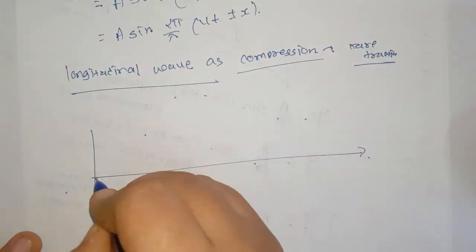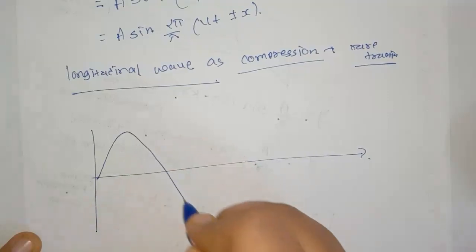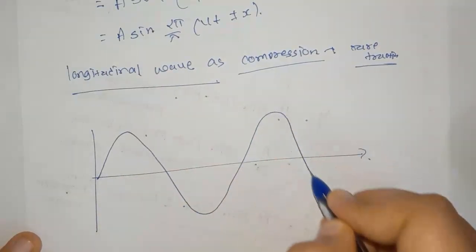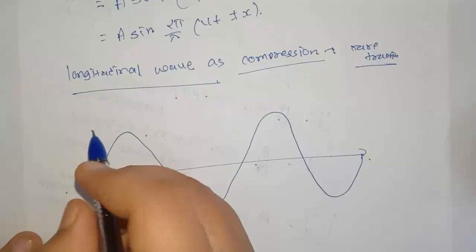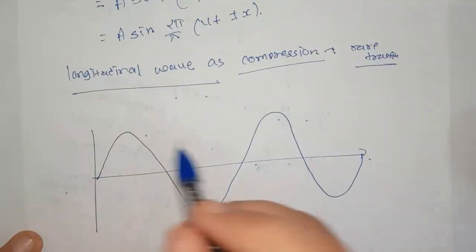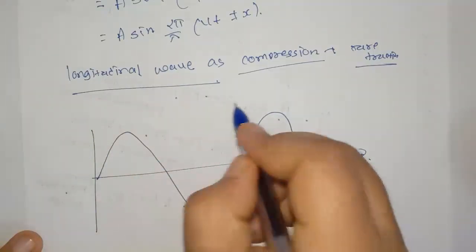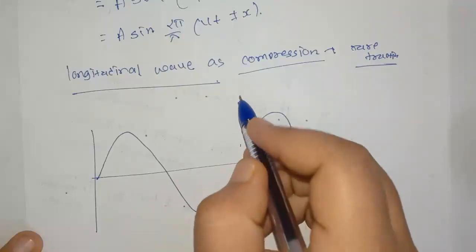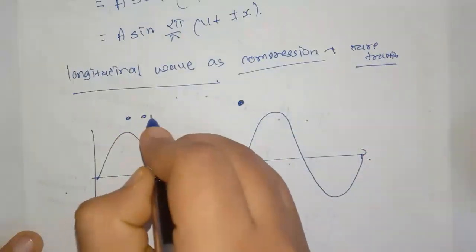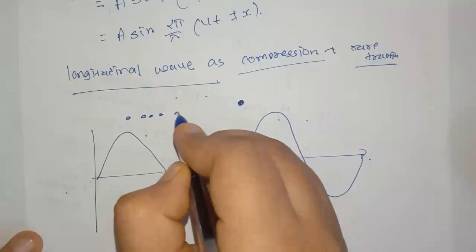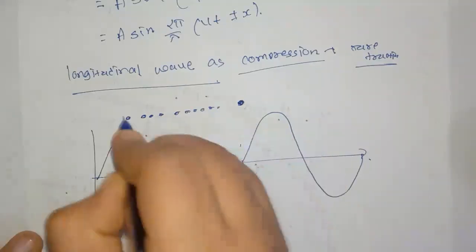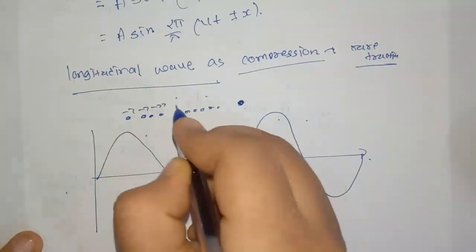If we represent a wave, then this point will be of rarefaction, this point will be of compression.